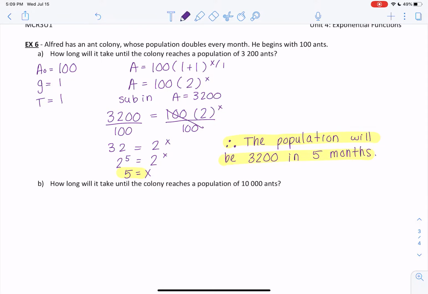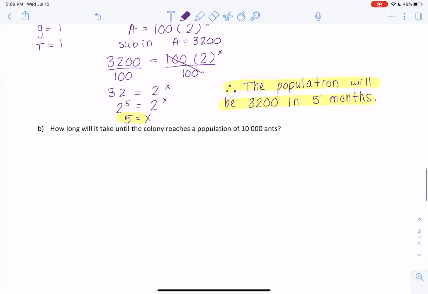So for the next example, it says, how long will it take until the colony reaches a population of 10,000 ants? So now we're going to fill in our equation. And I'm going to get that 2 to the power of x term all by itself. So I'm just going to divide both sides by 100.